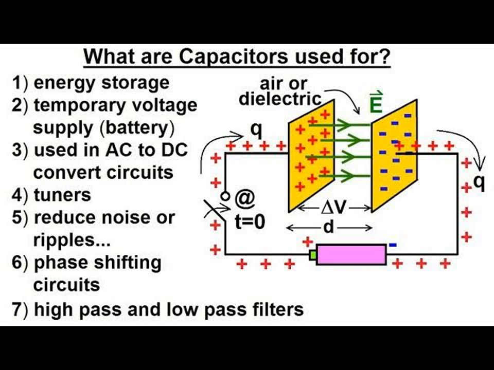Next, the capacitance of an isolated conducting sphere capacitor. Take note, the capacitance of an isolated conducting sphere whose radius is A is given by 4 pi epsilon naught A. A is the radius, or you can simply say 4 pi R epsilon naught.